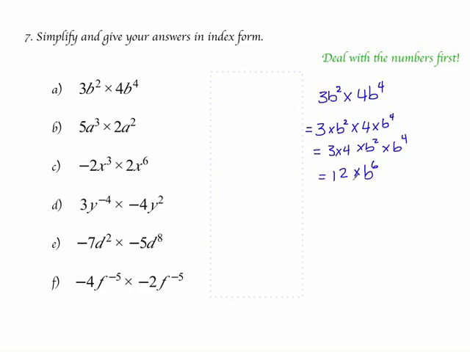Okay, so that's nothing new. Now I can just write that in a better way, 12b to the 6. Okay, so try the same thing with the rest of these questions. Remember, if there's a minus, you need to be careful. If we have two negatives that are being multiplied together, it becomes a positive number. Okay, so here are the answers.